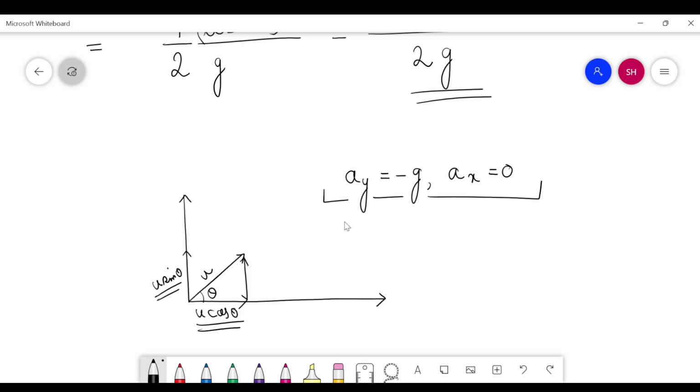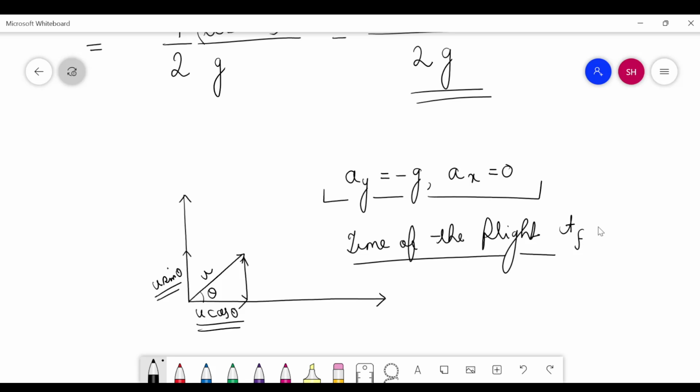Hence, we came to a realization about the time of flight, which we have calculated. Sorry, I am writing the wrong equation.